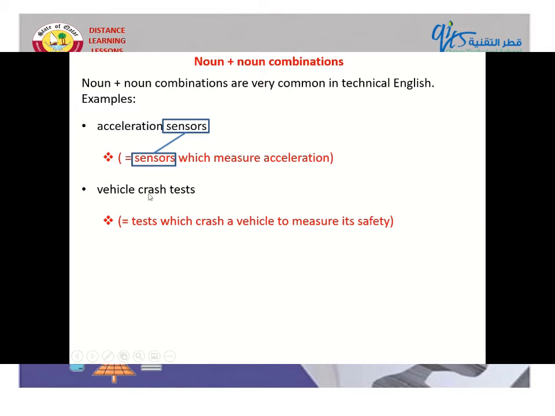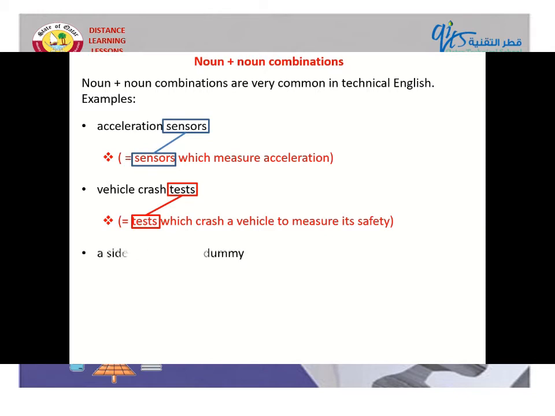Vehicle and crash describe the kind of tests, and they come before the noun they describe, that is test. And test comes at the end of the combination, and it comes at the beginning when we expand. So we have test at the end of combination here and test at the beginning of the expansion.